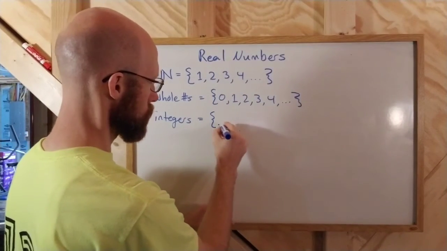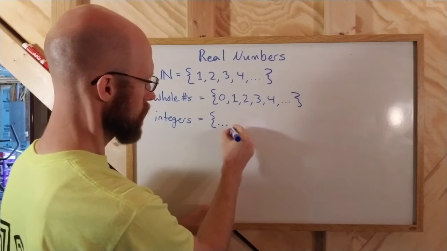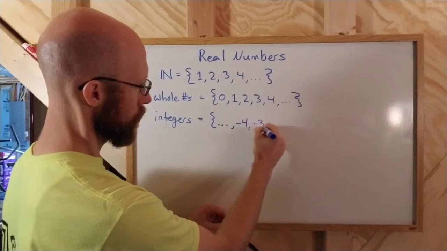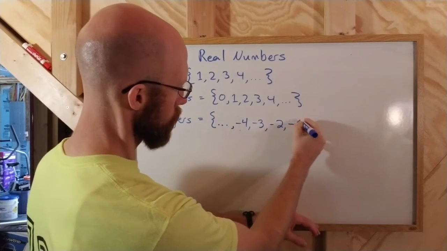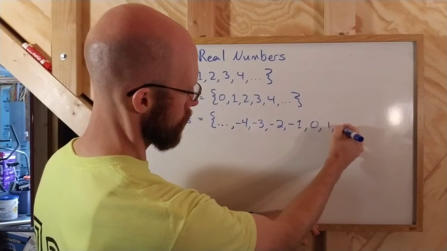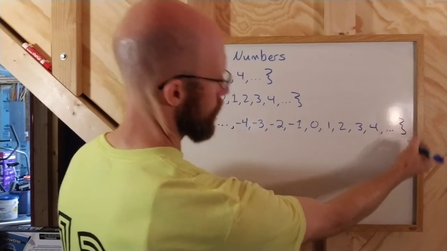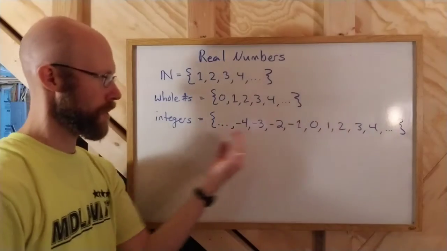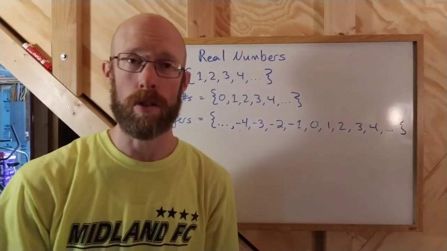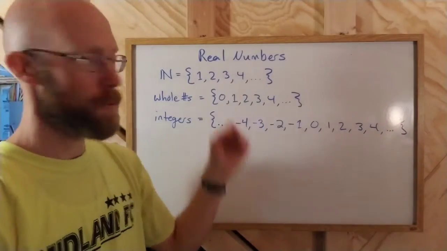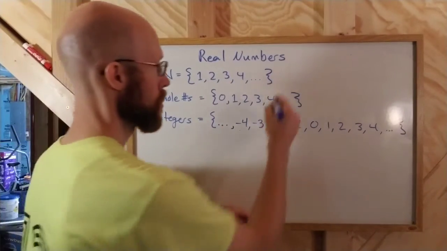And because those go indefinitely to the left, I go dot, dot, dot, comma, -4, -3, -2, -1, 0, 1, 2, 3, 4, dot, dot, dot. So we have the positive side, we have the negative side, and 0, all included. Those are the integers. Now, some people will call the natural numbers the positive integers. Okay?